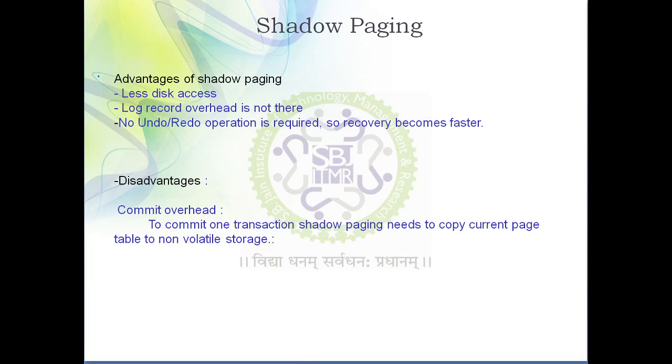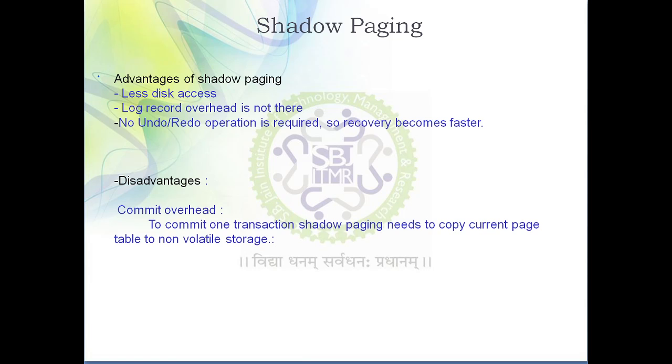In log based recovery, we have to maintain a log, and when there is a failure we need to check this log in the forward direction as well as in the backward direction. But in the shadow paging technique, we are not making use of a log. So there is no log record overhead, no undo or redo operation is required, so recovery becomes faster. These are the benefits of shadow paging over log based recovery.